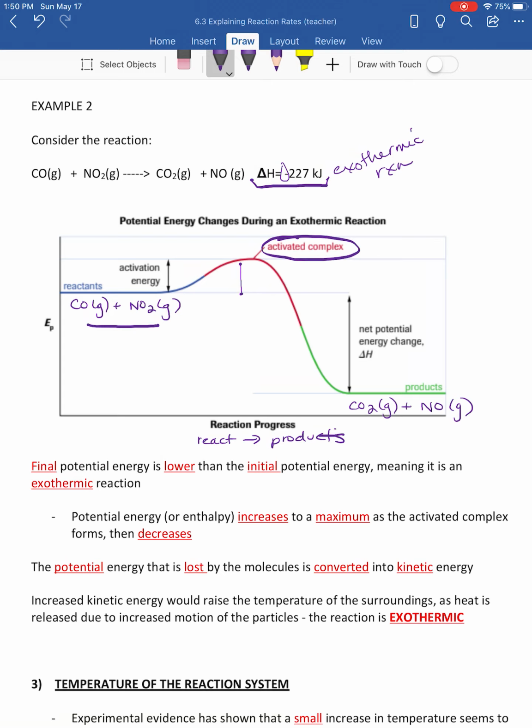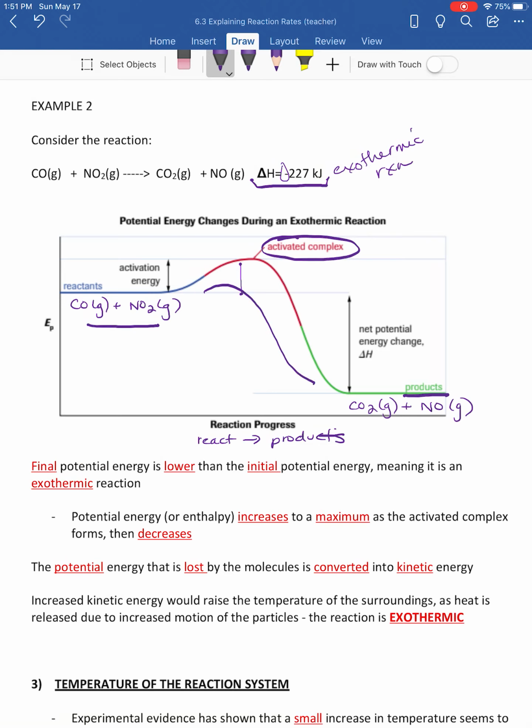Okay, and once again, in this case, remember what an exothermic reaction is. It's where energy is actually released, and that is why our products have much lower potential energy, because energy was released from the system to the surroundings. And for that reason, my products have less energy.